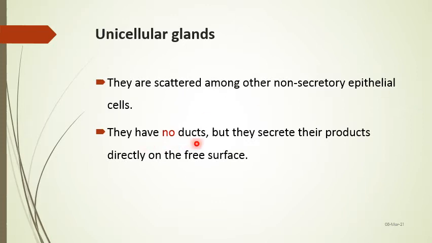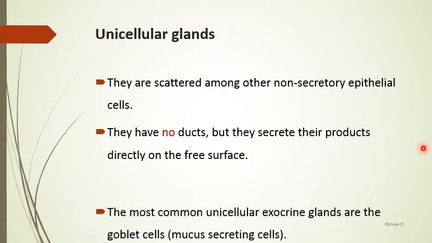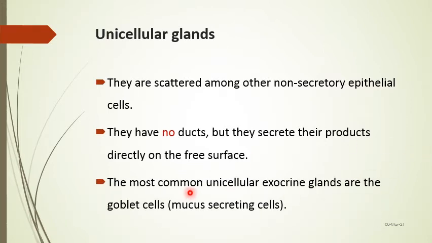They have no ducts, but they secrete their products directly on the free surface. The most common unicellular exocrine glands are the goblet cells, which are mucus-secreting cells.